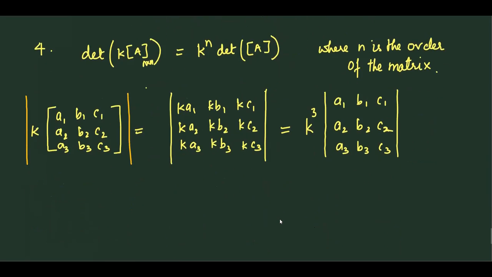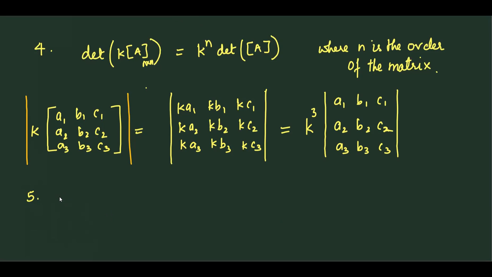Okay, it will be K cube times this. All right, clear? Next. So that's a trick about multiplication with the determinant.